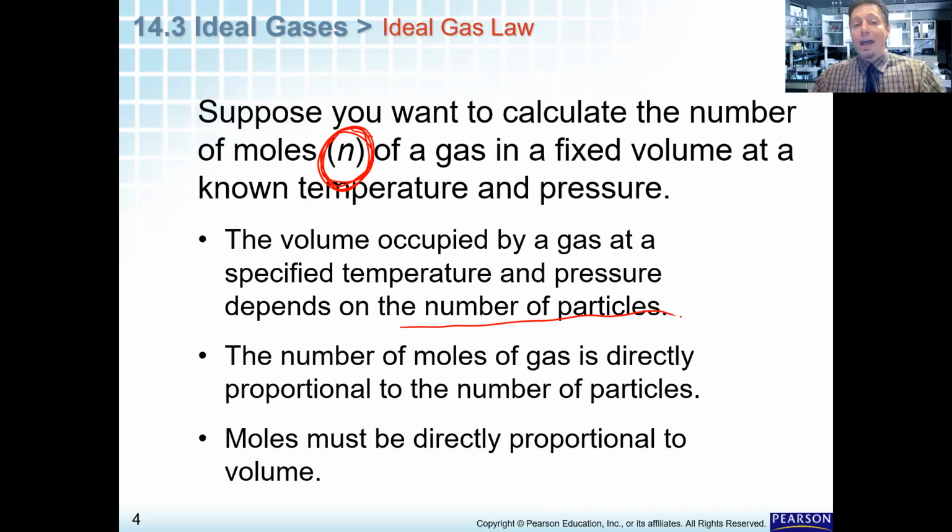Well, we already knew that the volume of 1 mole at STP is 22.4 liters. So if you change the moles, the amount of substance, you're going to change the volume. So the number of moles is directly proportional to the number of particles, and therefore, it must be directly proportional to the volume. And that's what this is stating down here.